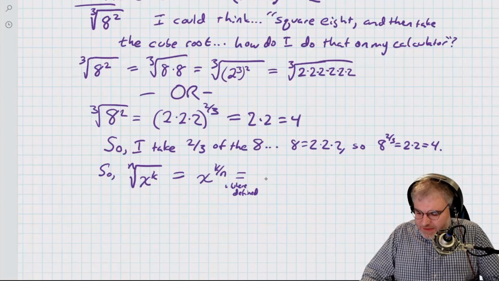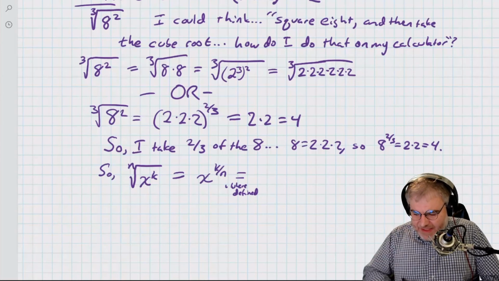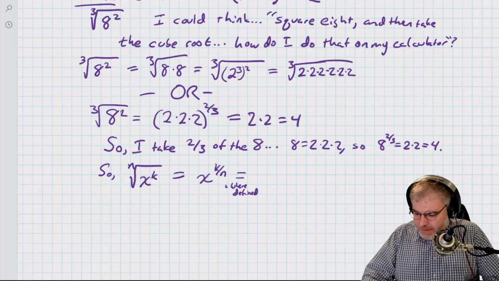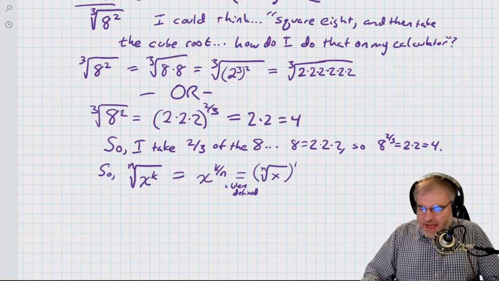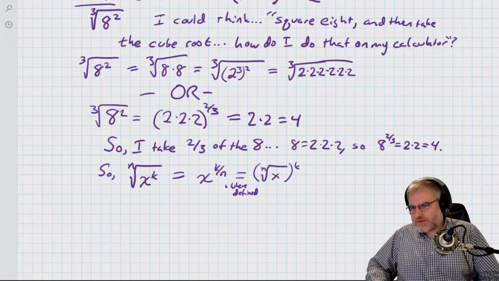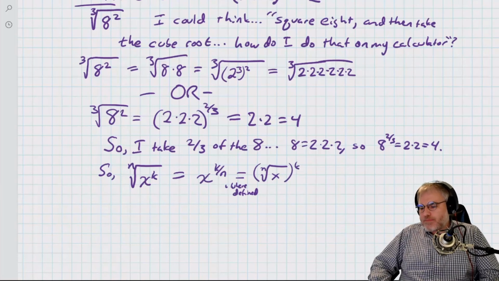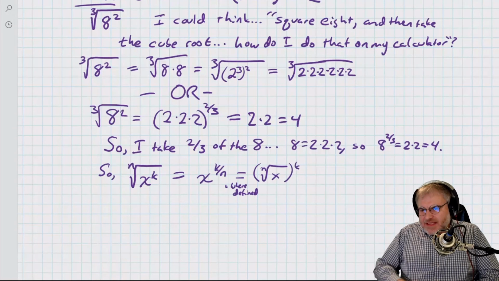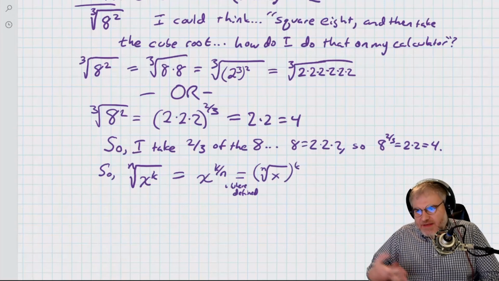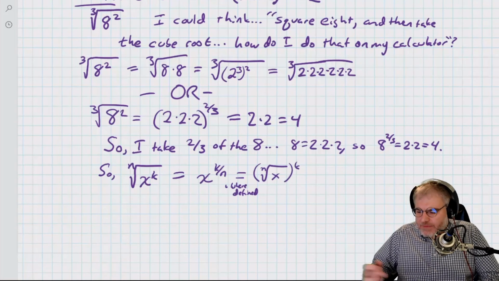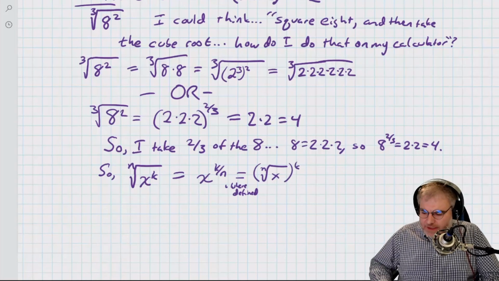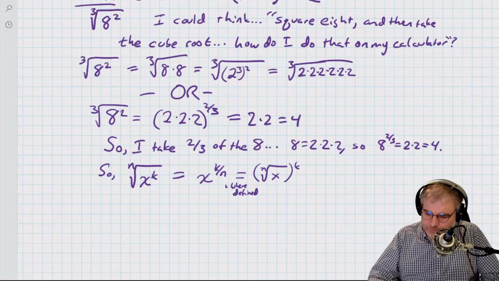So for any x greater than 0, but slight caveat there, don't worry about it. Which is the same thing as the nth root of x to the k. Again, caveat for negative numbers. It's not really the same because I can't take even powered roots of negative numbers. And this is the notation.